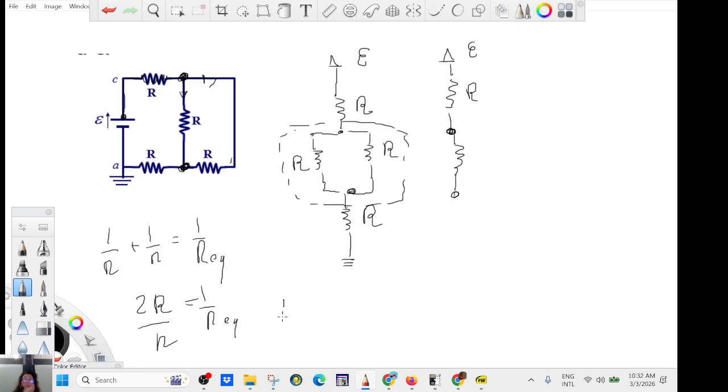If you have, let's say, 1 ohm and 1 ohm, what will be the equivalent resistance? 0.5, yeah. Okay, so this one will be R over 2, and then you shift this one, it's going to be R. Okay, you go step by step. You go from here to there, and there to there.